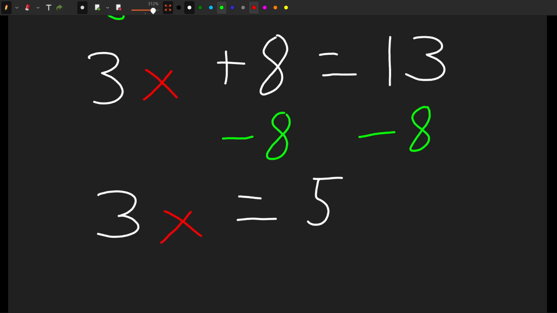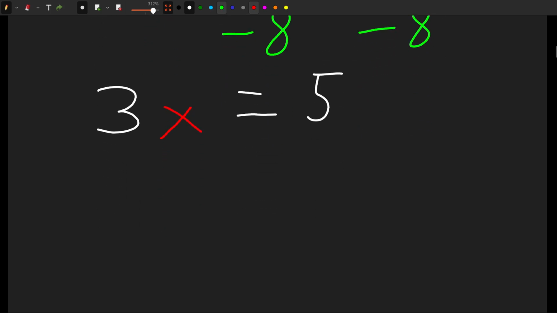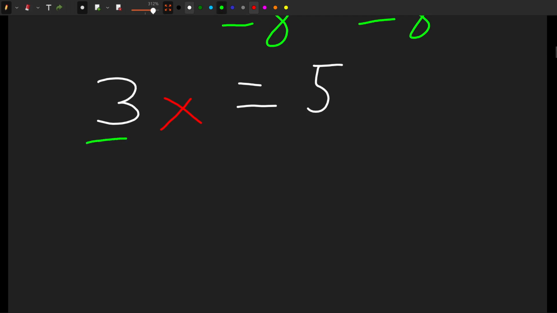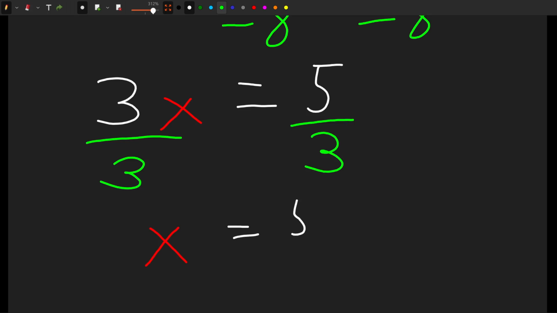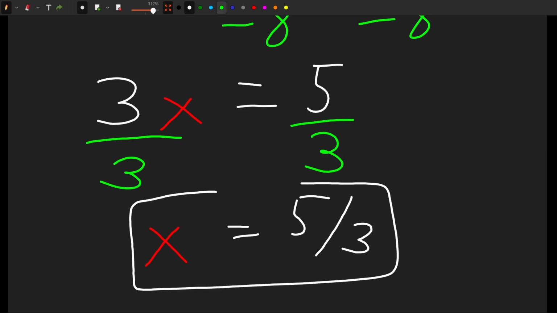Now all that's left that I need to do is divide by the coefficient, which in this case is 3. And on the left-hand side, I'm going to get x. And on the right-hand side, I will get 5 thirds. You can also think of it as 1 and 2 thirds. Either one works. I'm just going to leave it as 5 thirds.